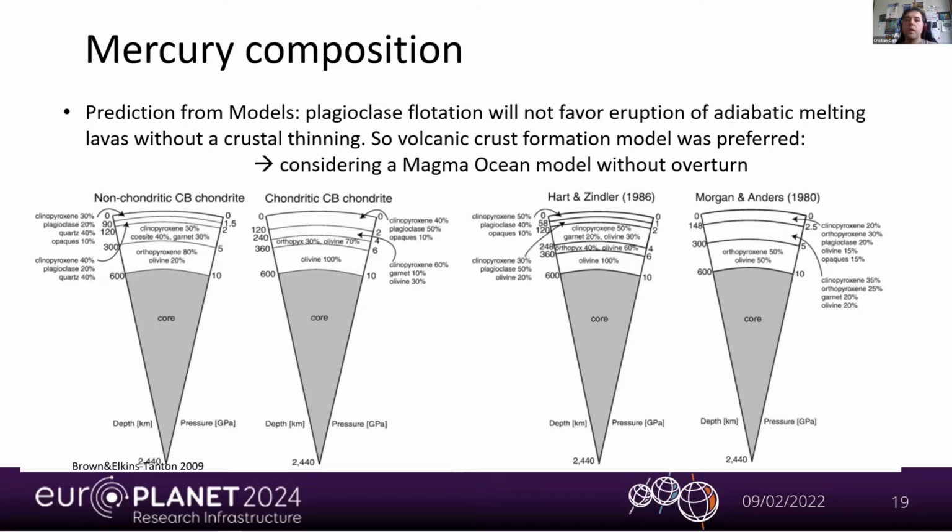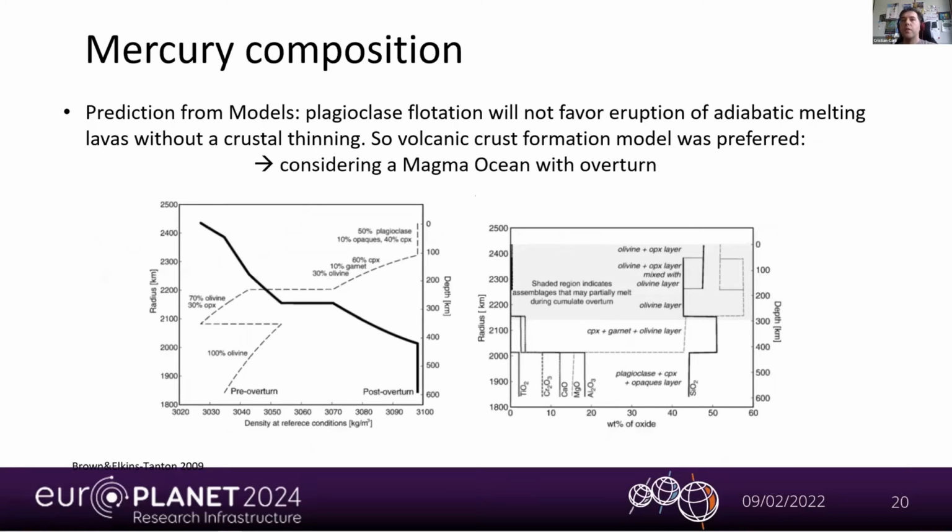The last proposal was still in 2009, so before having a complete knowledge of the data of Messenger, and it was related to a potential magma ocean that was considering a sort of overturn in a second moment.